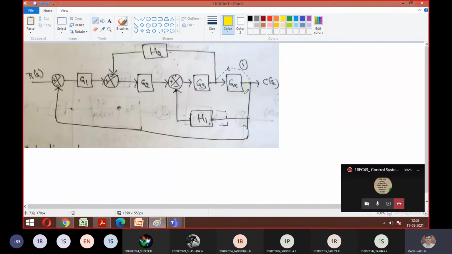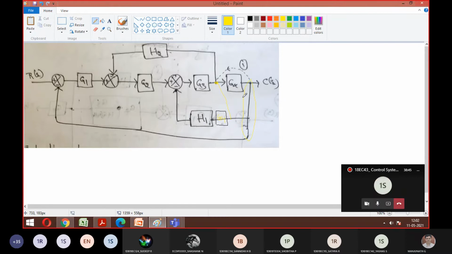If you move this completely, it will come and be placed in this position. So I'm moving the breakaway point before your G4, which means I should multiply G4 for this. Is it okay? Have you got this first point or not?